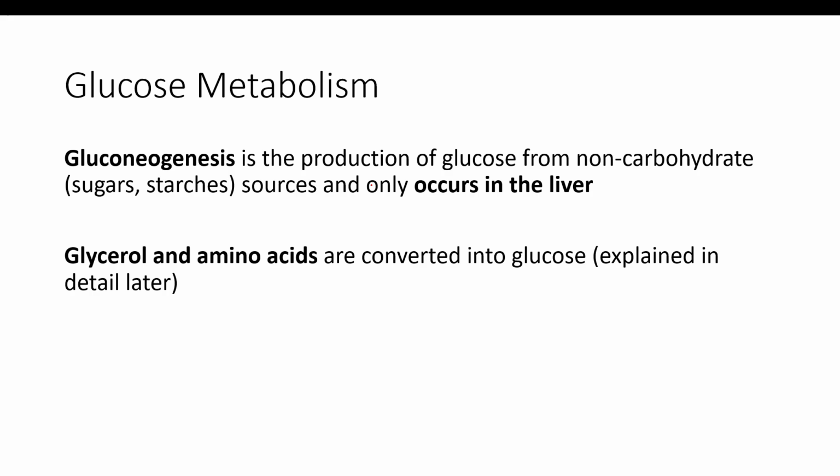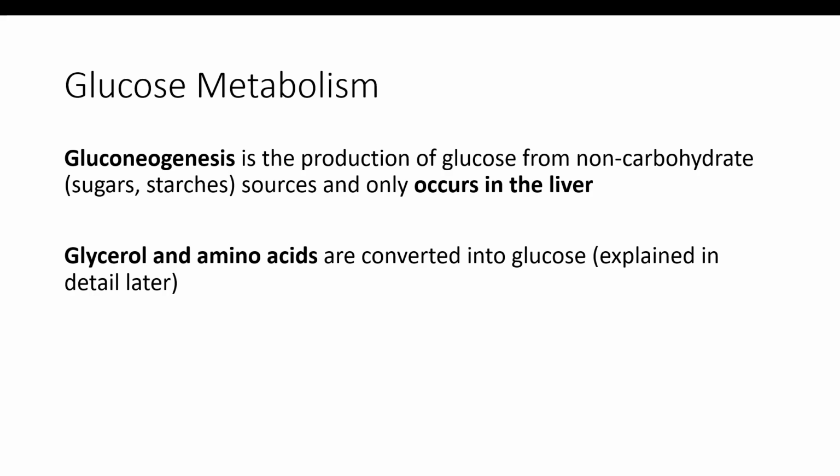Gluconeogenesis being this thing that we had introduced this concept of, and we're now going to expand it way bigger, where we're going to take non-carbohydrate sources, right, and then turn them into glucose, right? So something that is a carbohydrate are going to be things like starches and sugars, right? Those don't count anymore, right?